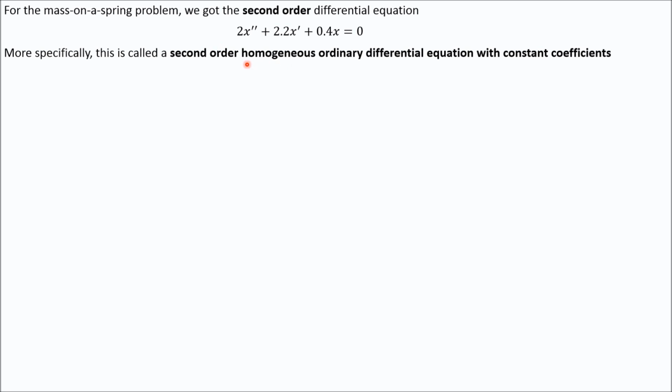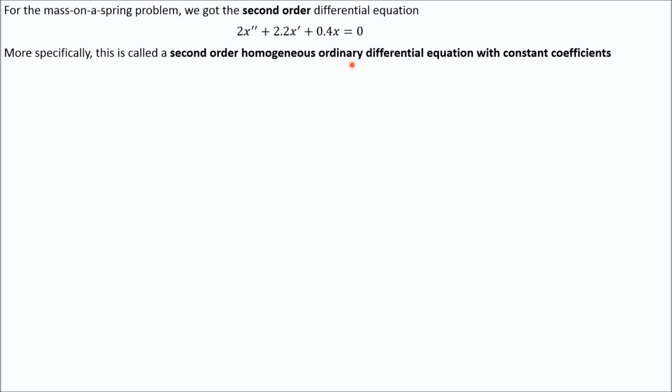So there are a lot of words that we use to describe this equation. First of all, it's second order, as I just mentioned. It's homogeneous. That's just a word that we use to say that the right-hand side is 0. And soon enough we'll consider inhomogeneous equations as well, where we have some function of t on the right-hand side.